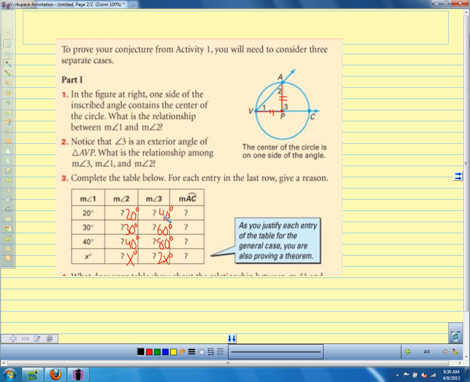So if measure of angle 3 is 40 degrees, what's going to be the measure of our arc? Angle 3 is the central angle. AC is 40, 60, 80. Has to be the same. And 2x.